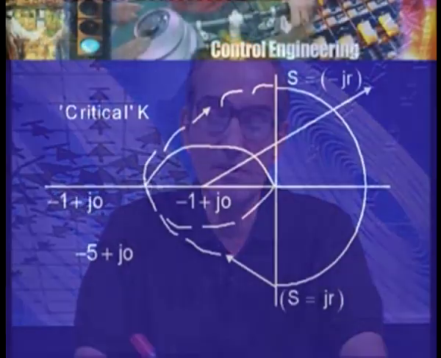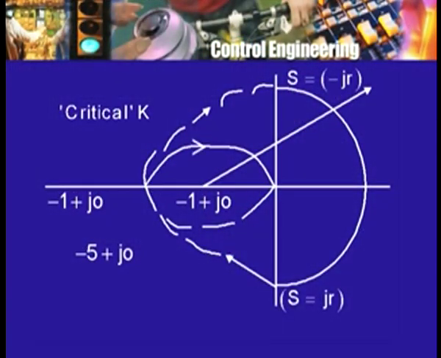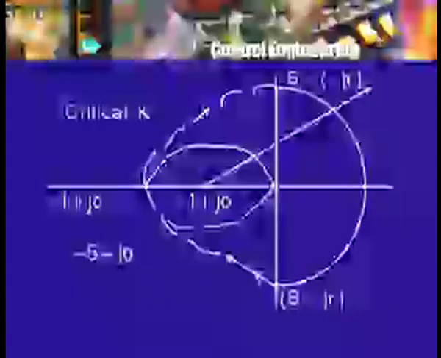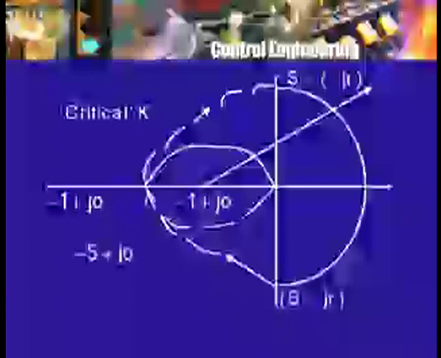Now, if that happens, then imagine that this polar plot, the part of it which corresponds to the change in frequency from 0 to high frequency, is going to suffer not only a change of scale, but also a change of phase. That is, the whole diagram may sort of rotate around this figure that I have drawn. And therefore, this point of intersection, which I have shown as 0.5 plus j0, may change.